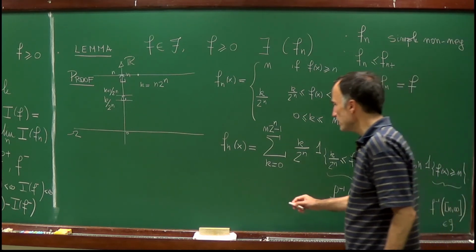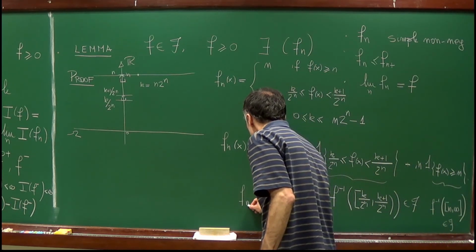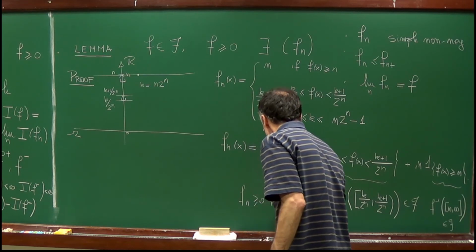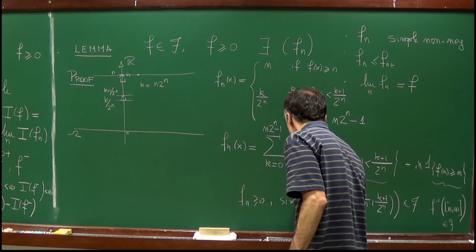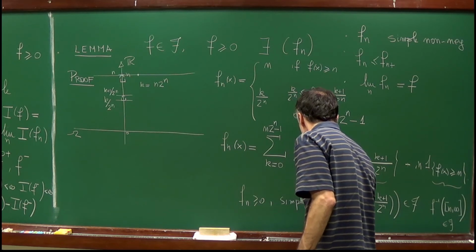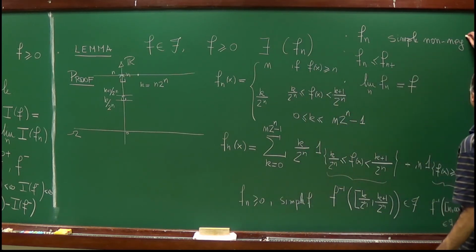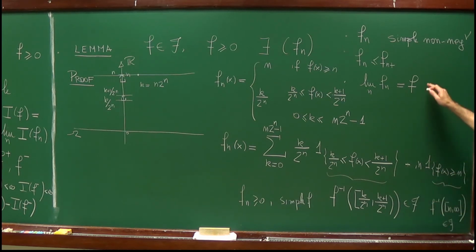So this proves that fn is non-negative and it's a simple function, right? Which is the first requirement of our lemma, right?